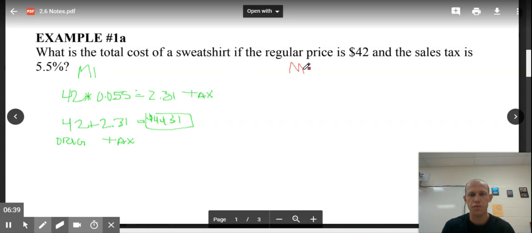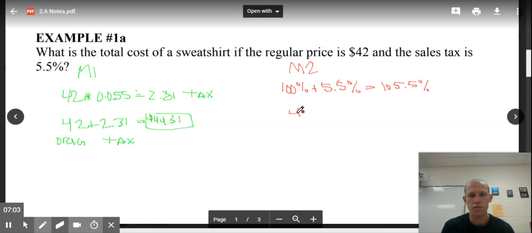Now for method 2. This is the one where we combine our percents. I know I'm going to have 100% of the cost, and I am also going to have 5.5% of the cost for the tax. So in total, I will have to pay 105.5% of the list price.